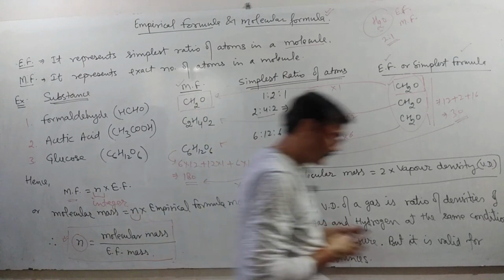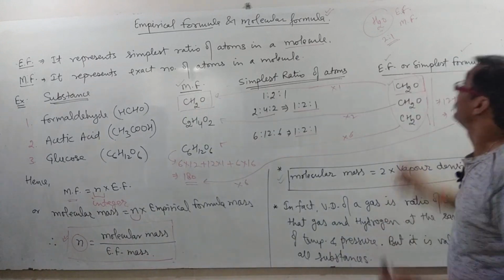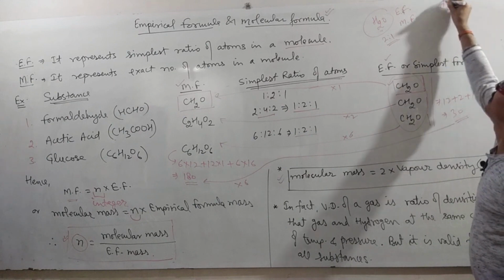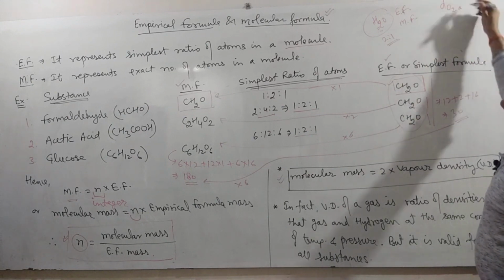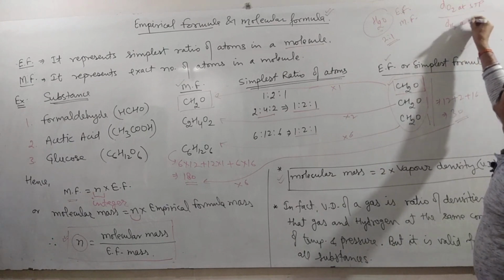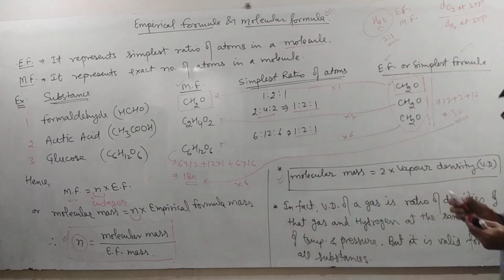For example, the density of O2 at STP divided by the density of H2 at STP.